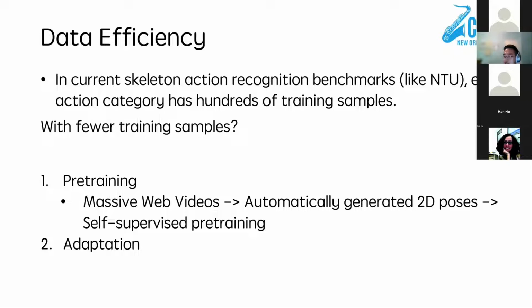Those skeleton data can be automatically generated with pose estimation and massive web videos. Note that the success of data-efficient skeleton action recognition may directly lead to lots of customized applications. For example, you can register a brand new gesture with only several video clips, and then the perception system can successfully recognize it.